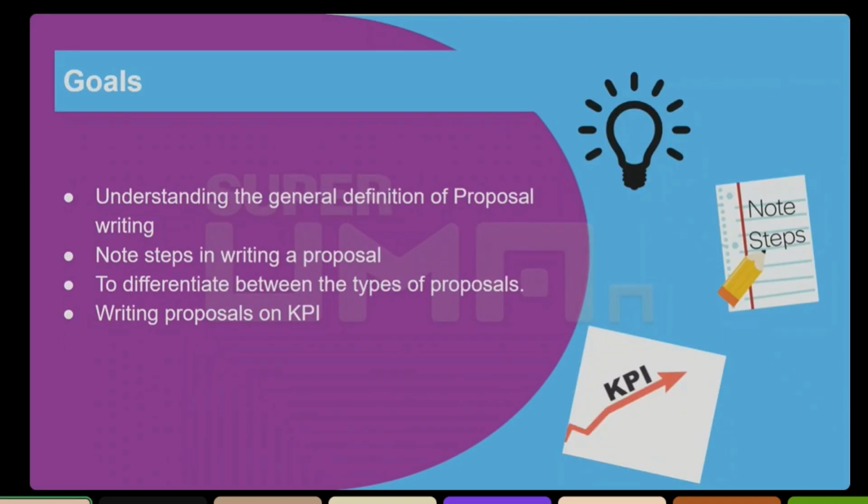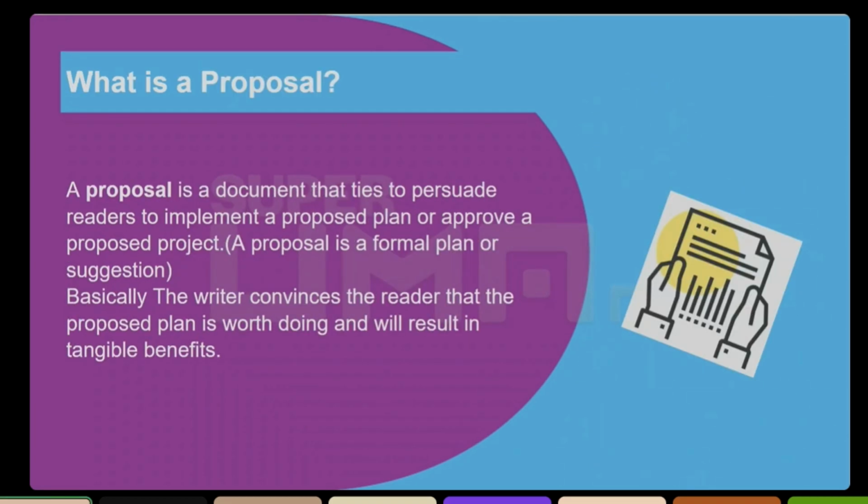Okay, so let's start. What is a proposal? A proposal is a document that tries to persuade readers to implement a proposed plan or approve a proposed project. Basically, the writer convinces the reader that the proposed plan is worth doing and will result in tangible benefits.